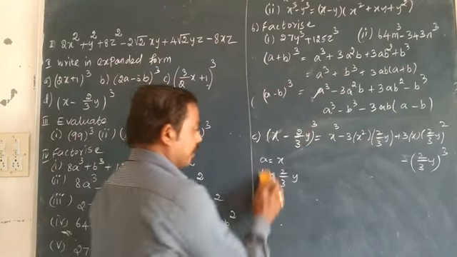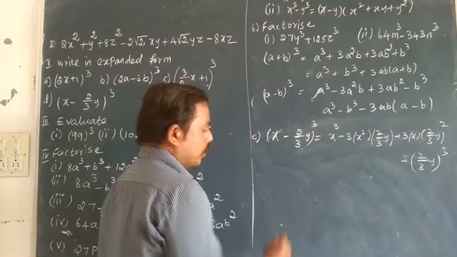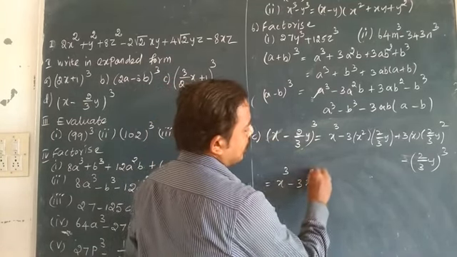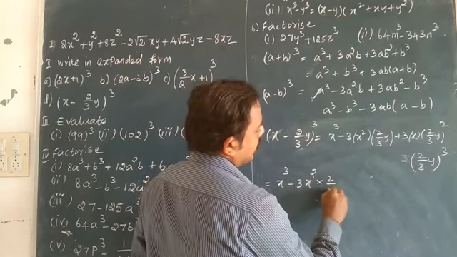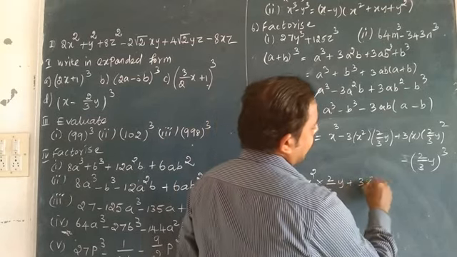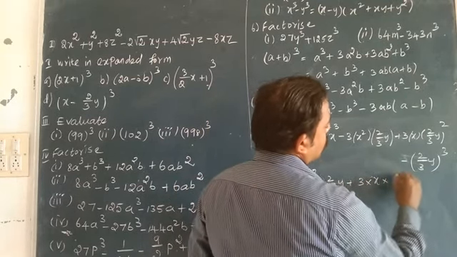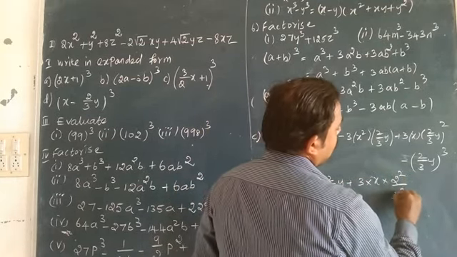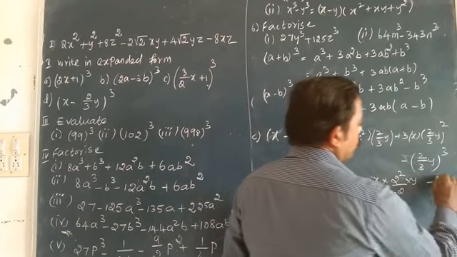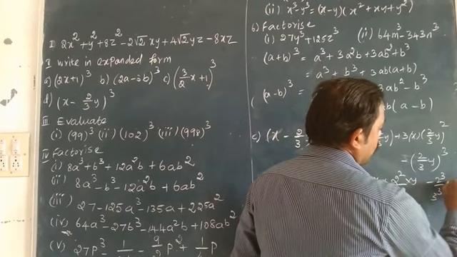Now you may write this one as x^3 - 3x^2 into 2/3 into y + 3 into x into 2^2/3^2 into y^2 - 2^3/3^3 into y^3.